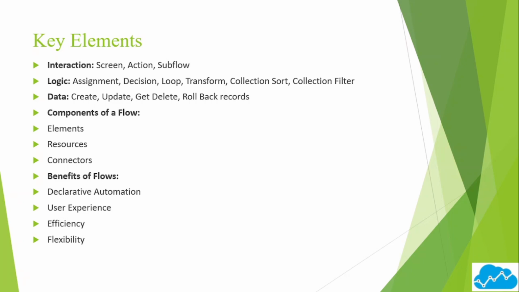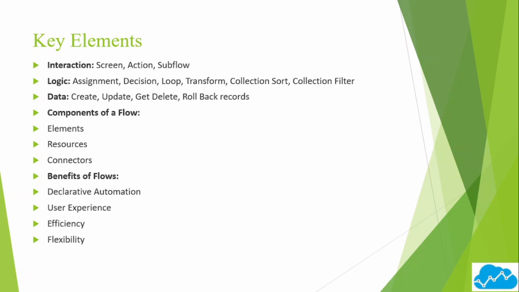What are the key elements of flows? For different types of flows, we are going to see some different types of interactions, logic and data. Some of the common interactions are screens, actions and subflows.